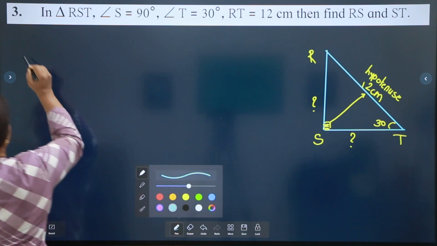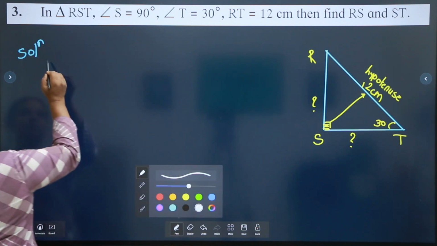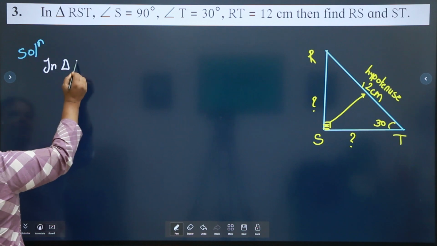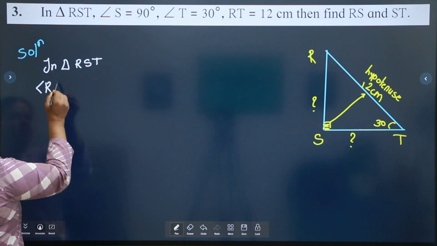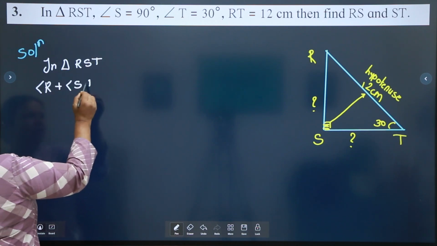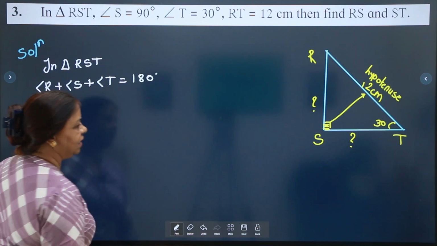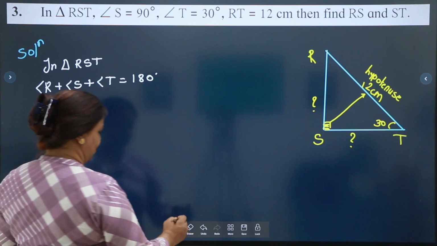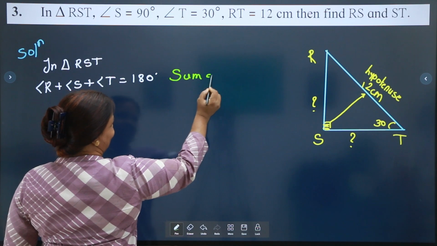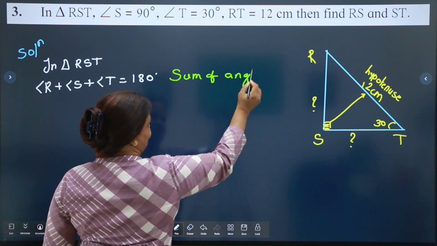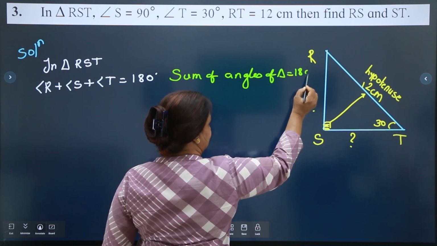So the solution says, in triangle RST, angle R plus angle S plus angle T is equal to 180 degrees. The sum of the angles of a triangle is 180 degrees.